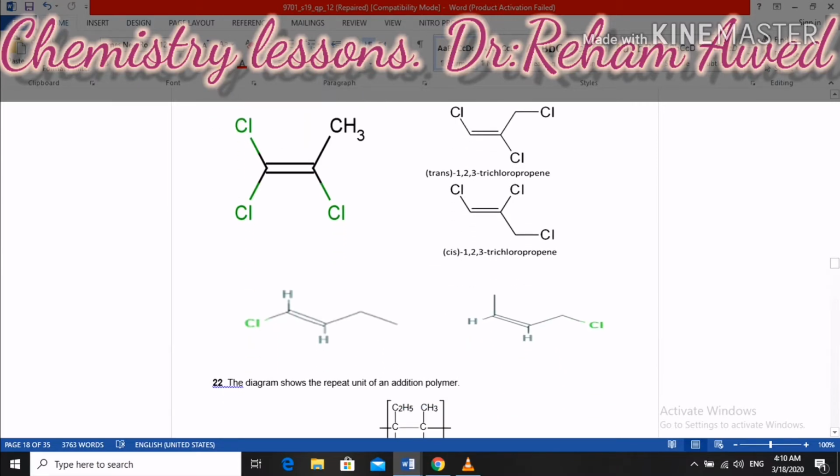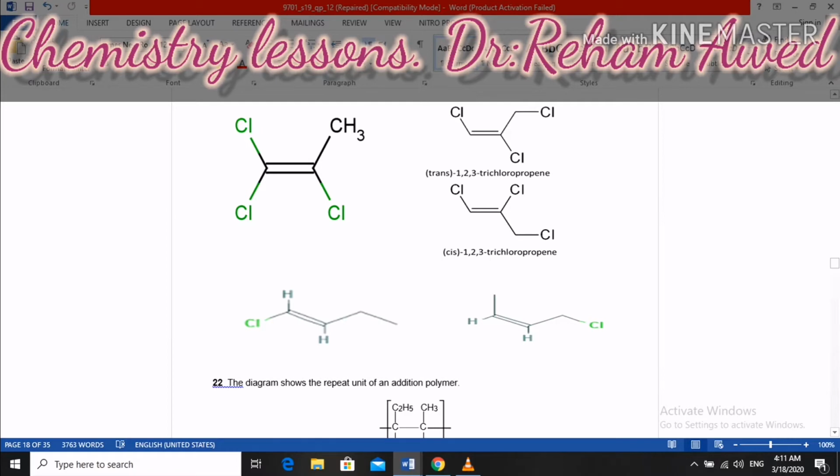In the third choice, 1-chlorobut-1-ene, we can see we have hydrogen, hydrogen, chlorine, and one ethyl group, CH2CH3. So we have trans isomerism. And if we rotate the compound and put the hydrogen atoms in front of each other, we will have the cis isomer. So in the case of the third choice, we have cis and trans isomerism.